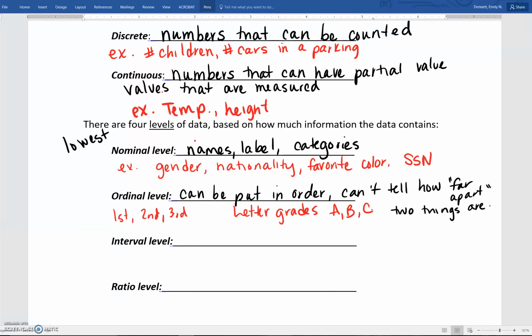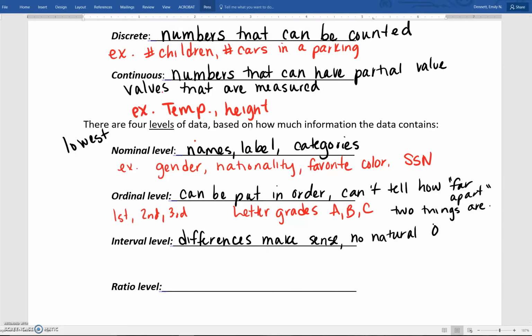Okay. The next one is the interval level. In this one, differences do make sense, but there's no natural zero. There's no defined absolute starting point.